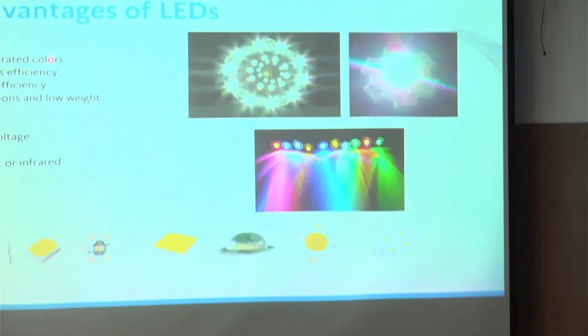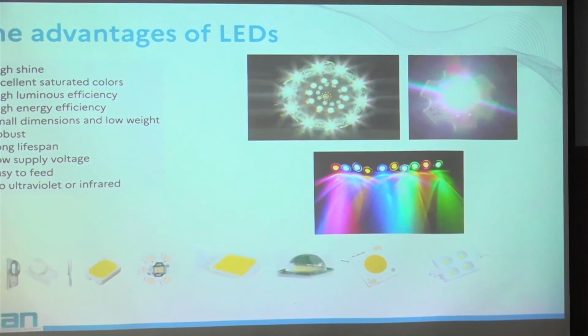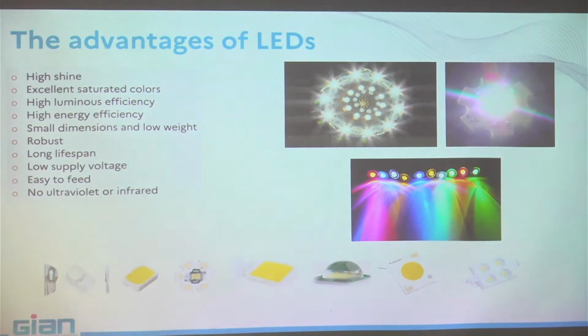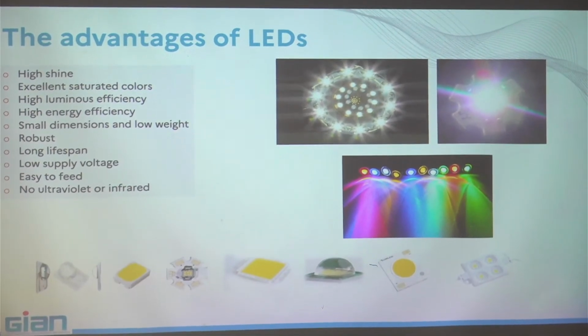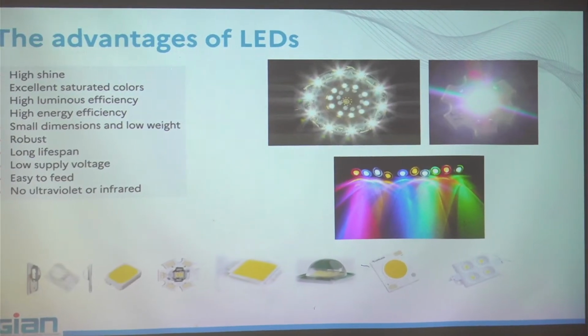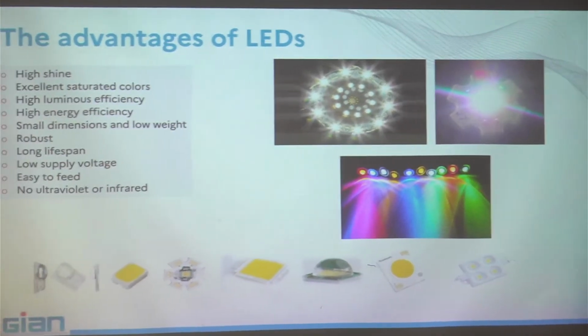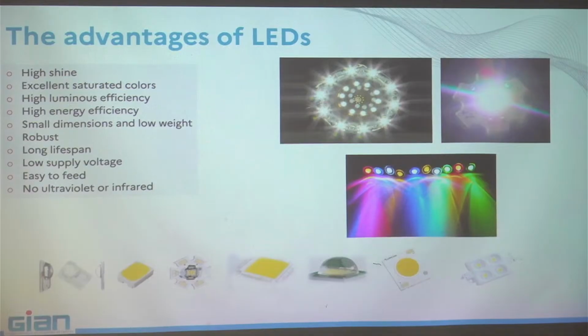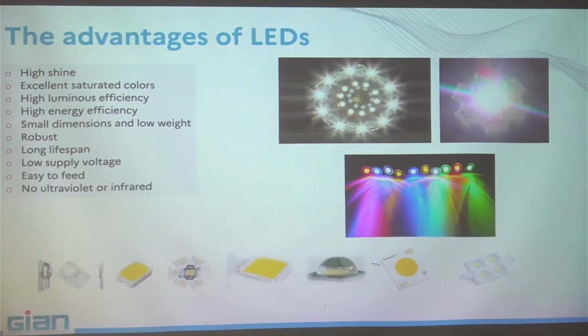Okay. You have excellent saturated colors. Blue, green, yellow. Yes, but for lighting you need white. You have high luminous efficiency. Efficiency, I remind you, is a radiometric quantity: radiative power in watts divided by electric input power in watts. Today, for white LEDs, we are around 30 to 40%.